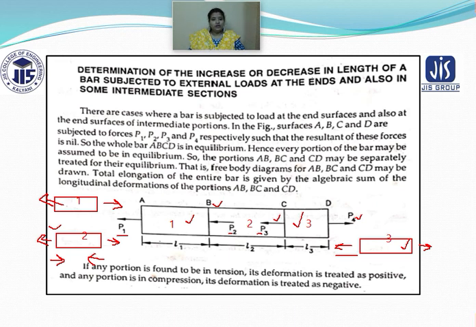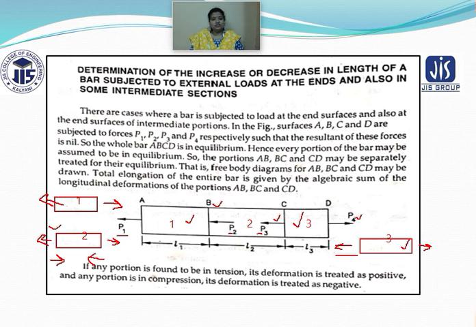So when you calculate the elongation for the entire bar, that is del L equal to del L1 plus del L2 plus del L3, now this del L2 will no longer be a plus value, it will be negative. So if I ask you the total change in length for this particular bar, you have to write it this way: del L1 minus del L2 plus del L3.